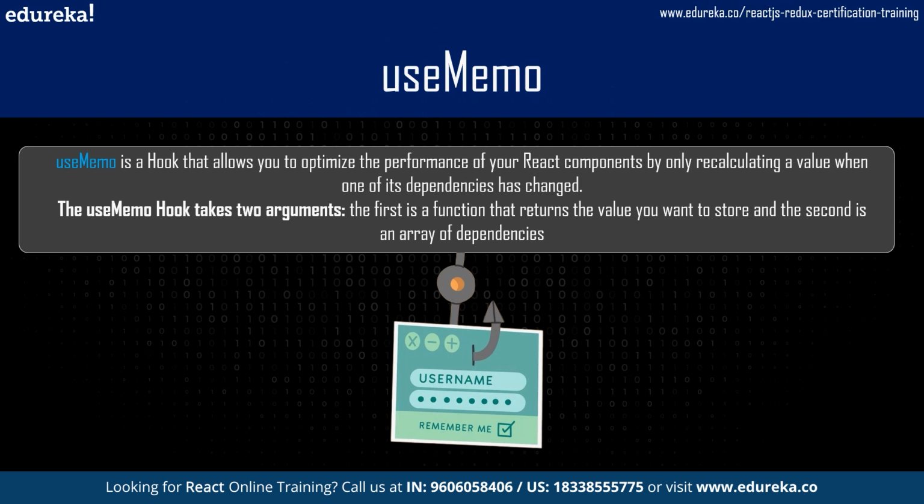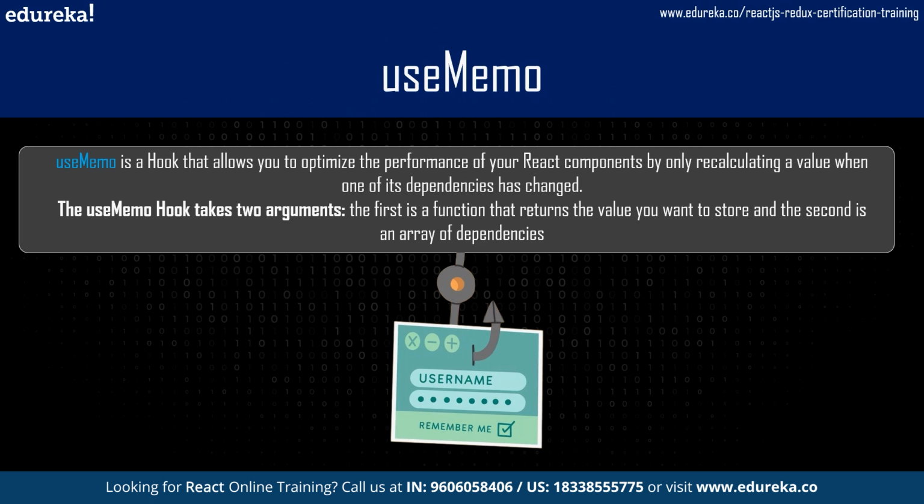For example, if you have a component that displays a list of items and the list is passed in as a prop, you can use useMemo to only refilter the list when the search item changes, instead of refiltering the list on every render.